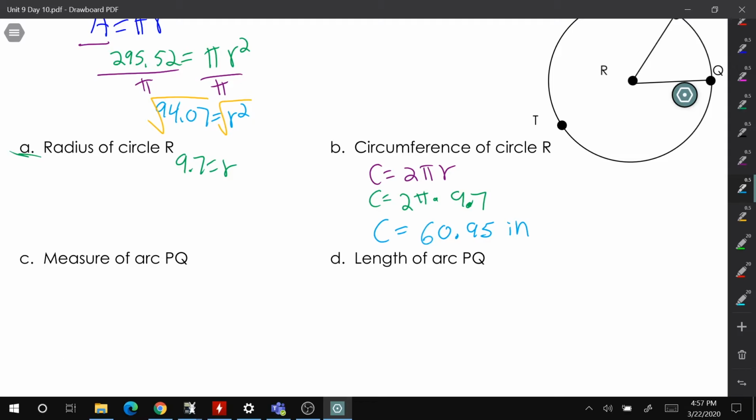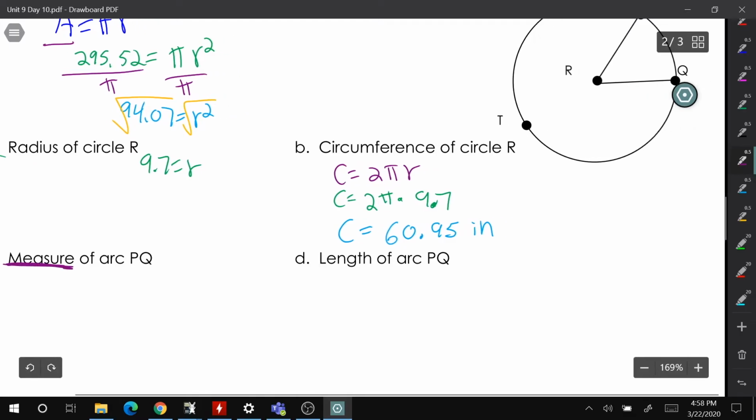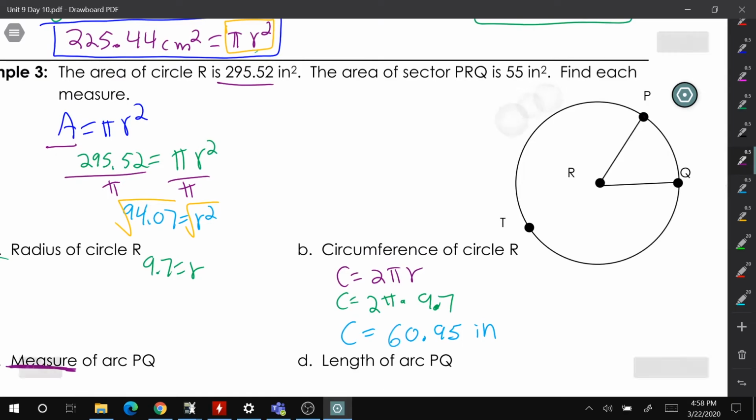Okay, so now with A and B done, we can look at C and D. Part C is asking what is the arc measure for PQ. So they're not asking about this arc length, they're talking about the angle measure. We want to figure out what this angle is right here.